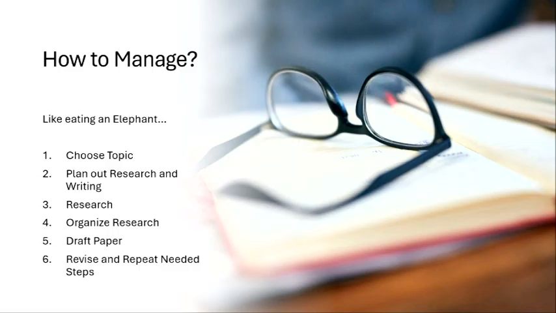After you've chosen a topic, then I'm going to encourage you to plan out your research and writing. I mean, figure out how much time you can dedicate. If you are working a regular job at traditional hours, 9 to 5 p.m., and you have a family you have to take care of, how many hours a day do you have to dedicate? If it's less than an hour, okay.